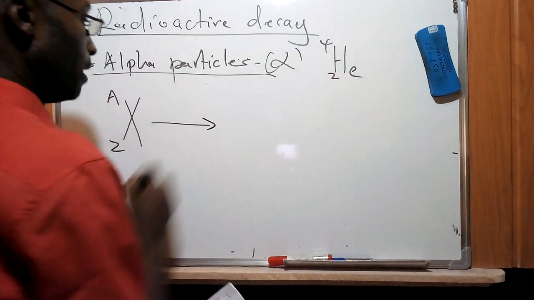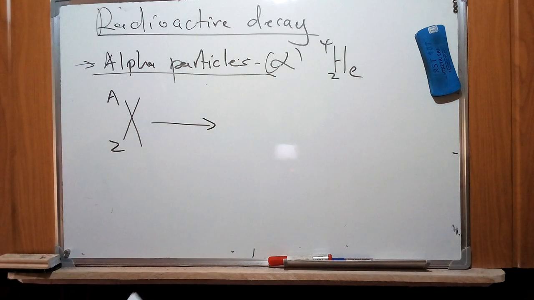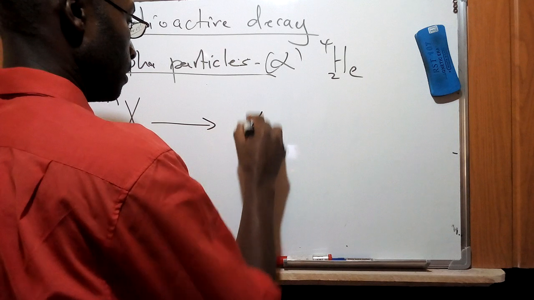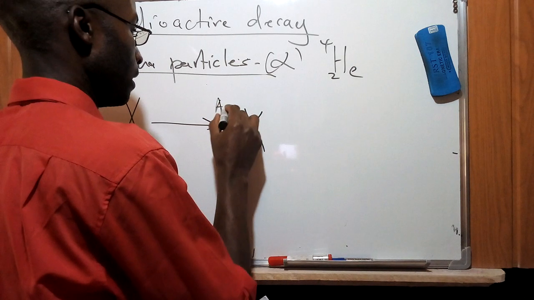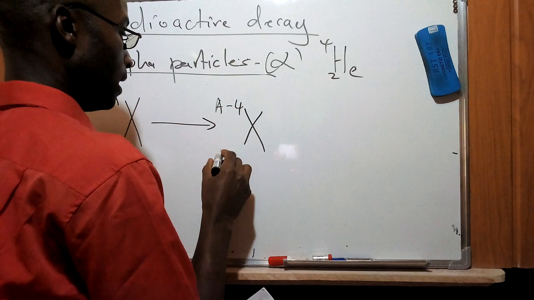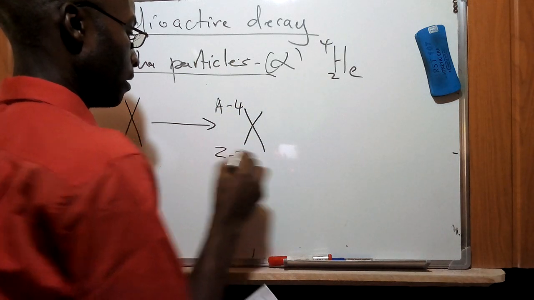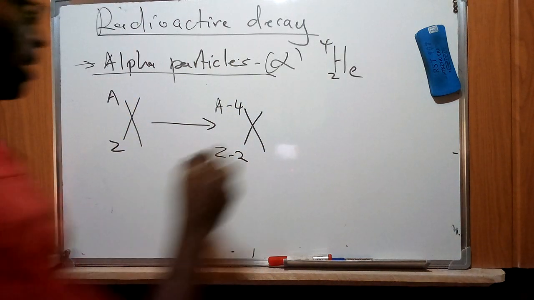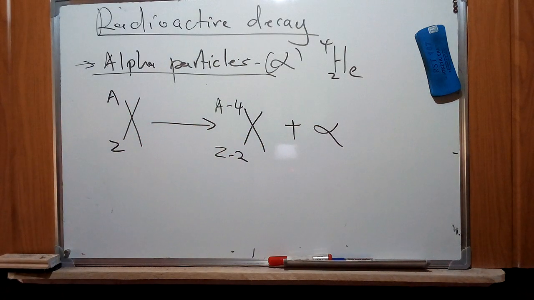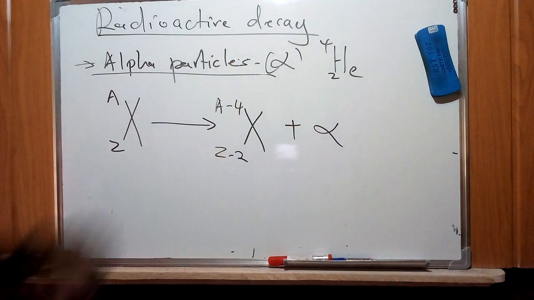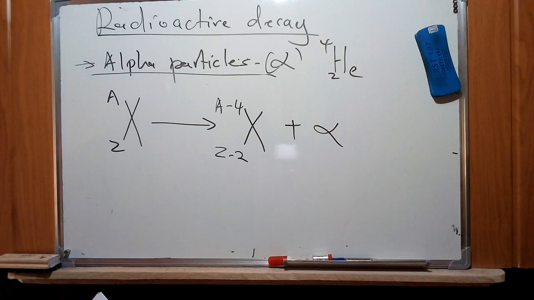So whenever an element is undergoing alpha decay, there's a decrease in the mass number by 4 and the atomic number by 2. That's accompanied with the release of alpha particles, which we've denoted as helium nucleus.